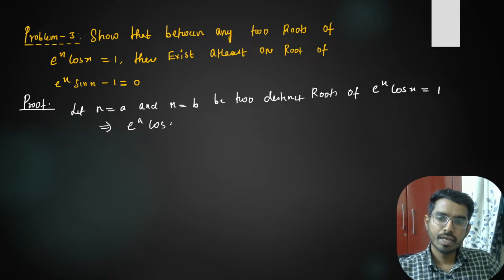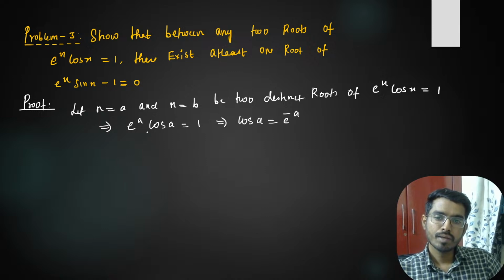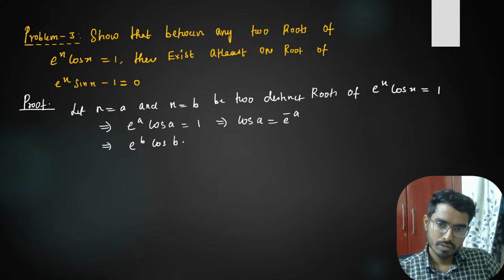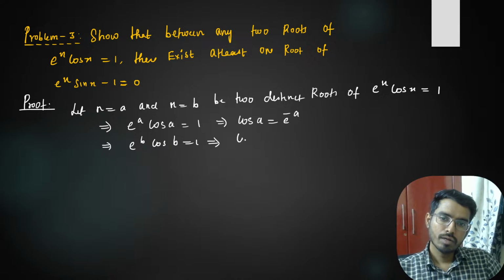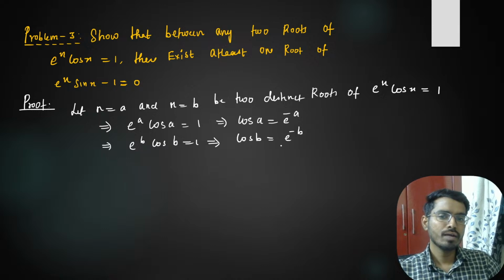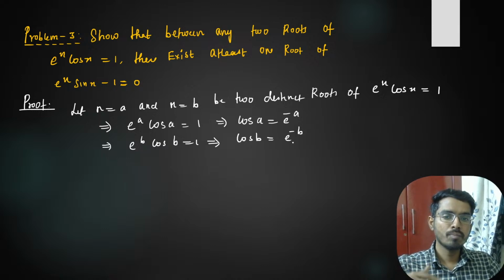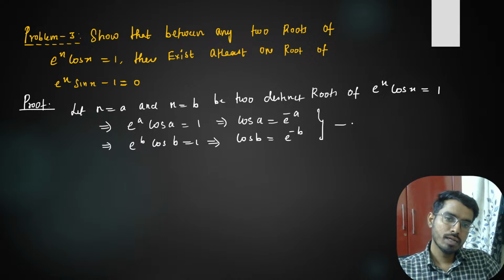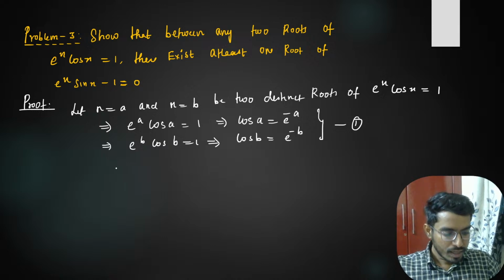That means e power a cos a is equal to 1, so can I write cos a as e power minus a? And similarly, b is also a root, so e power b cos b is equal to 1. Can I write cos b as e power minus b, as e power minus b is 1 by e power b? Both are true. Call this equation number 1.